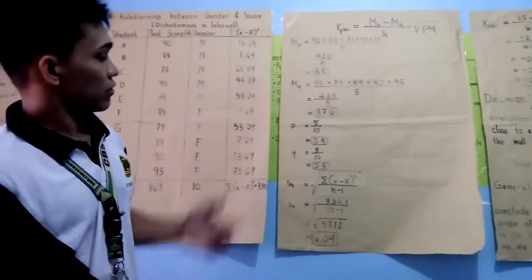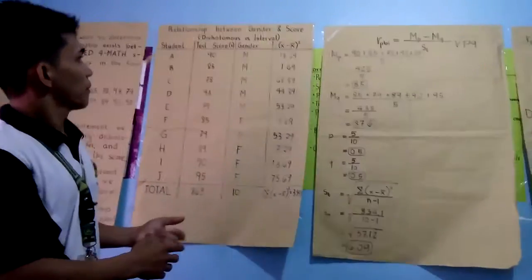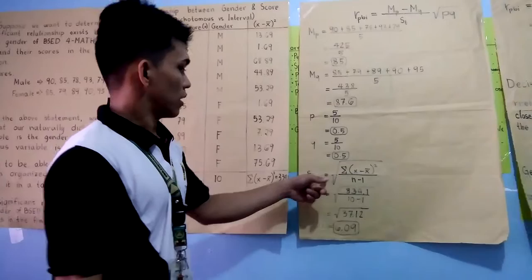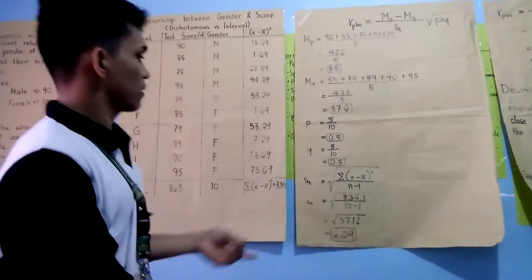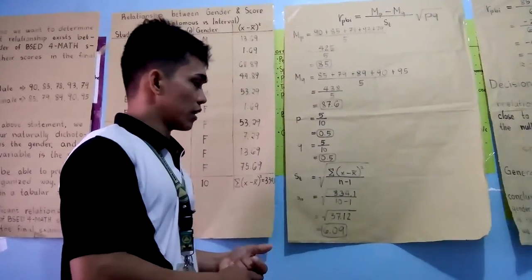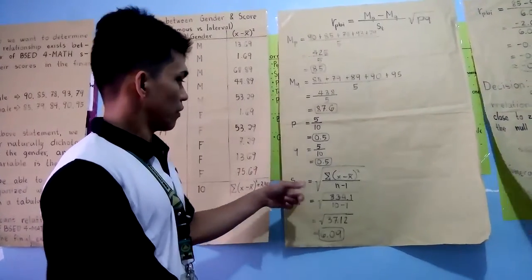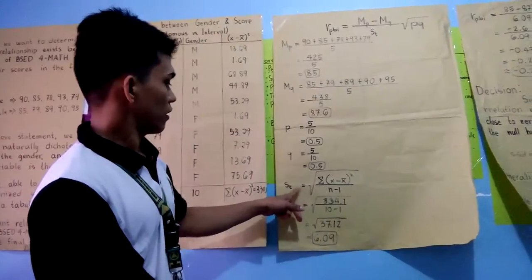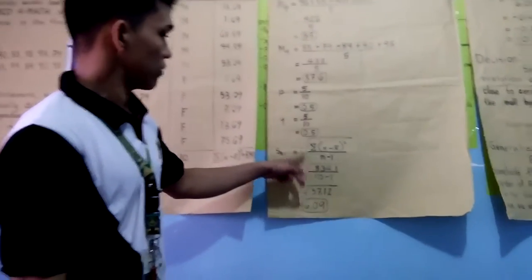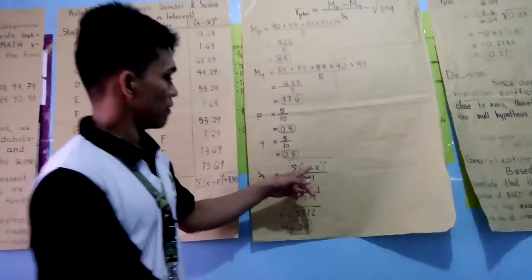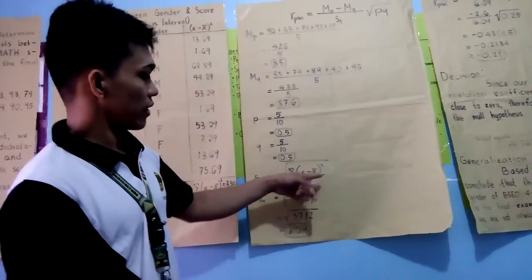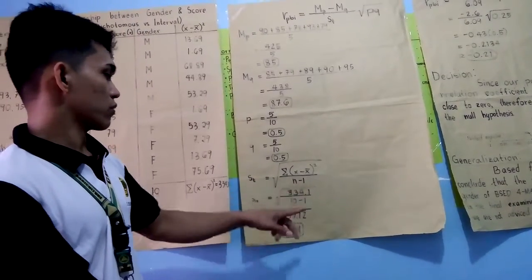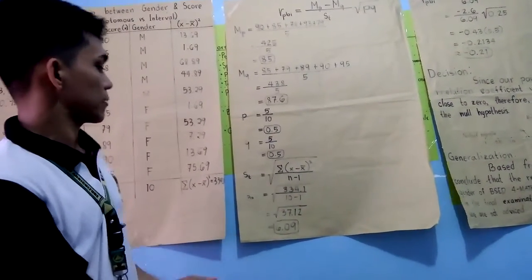In order to find the value of the point-biserial correlation coefficient, we first need to get the standard deviation for the entire test. In our previous statistics, we used this formula: standard deviation for the entire test is equal to the square root of the summation of x minus x bar, or the mean, squared, divided by n minus 1. N is the number of cases.